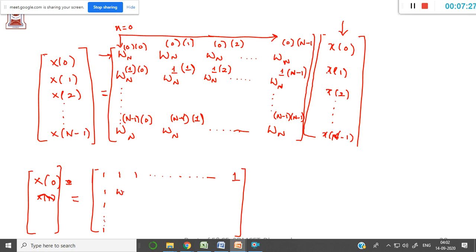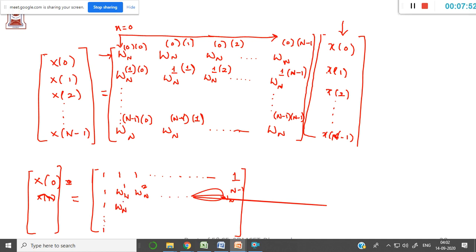So later on you can observe here, this is Wn to the power of 1, Wn to the power of 2, right? And this is (n minus 1) into 1, right? So the last value will be Wn to the power of n minus 1. Similarly here, what will be the value?